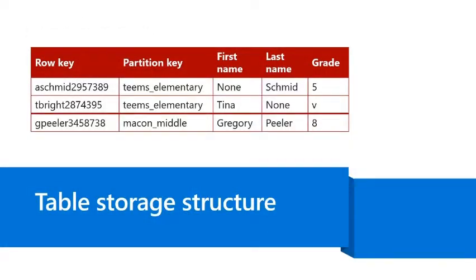Table storage structure. Let's now understand the structure of the table storage. The data in Azure table storage does not conform to a specific schema. It is very common to see data stored within the same table with different combinations of fields and values.